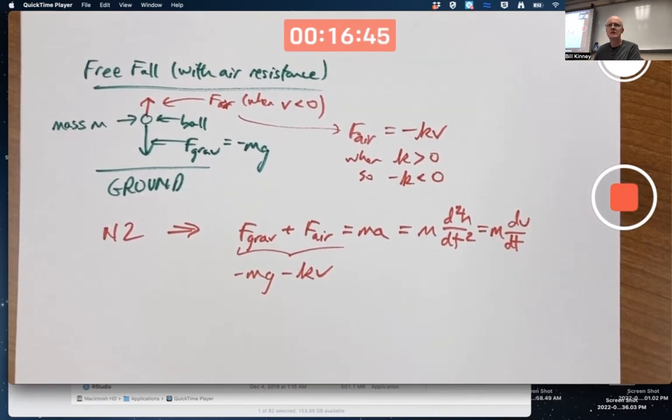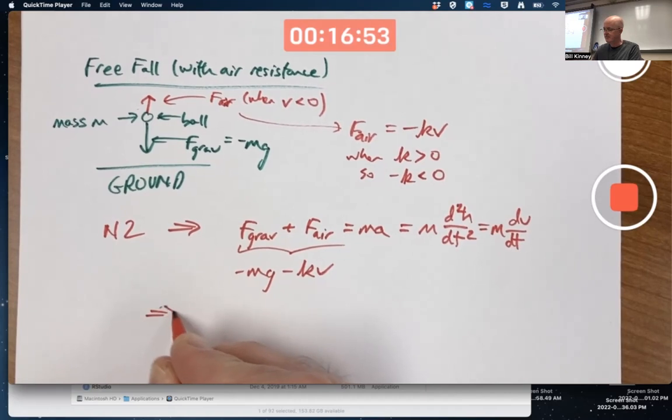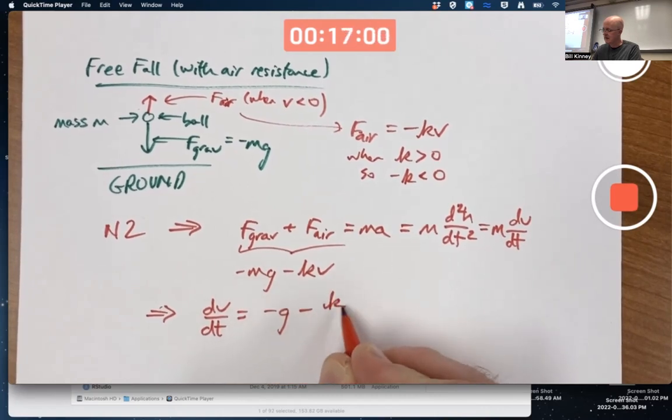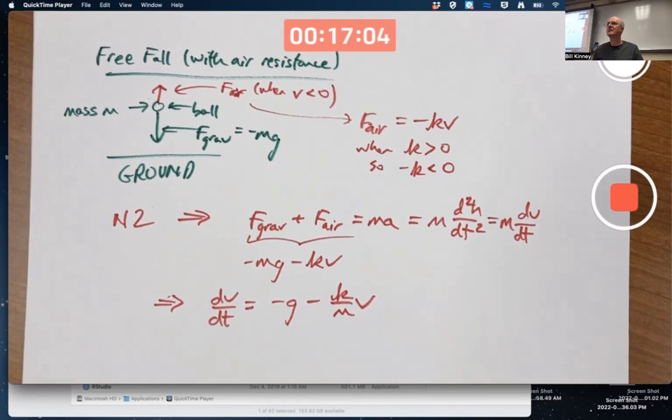So what do you do? Well, you can still integrate, but you have to do something else first. Does anybody who's taken differential equations know what to do next? Besides maybe divide both sides by m as I'm doing right now. You could use an integrating factor, but there's something conceivably simpler.